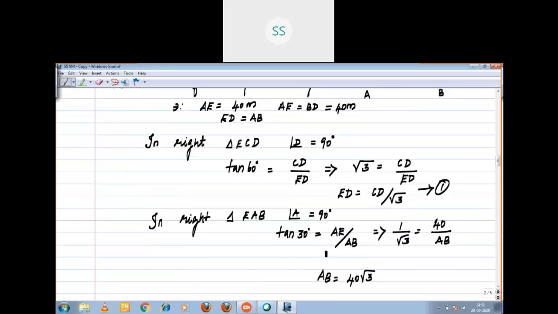Got it, children? Now, AB equal to 40 root 3.